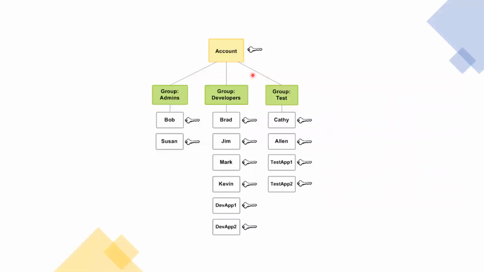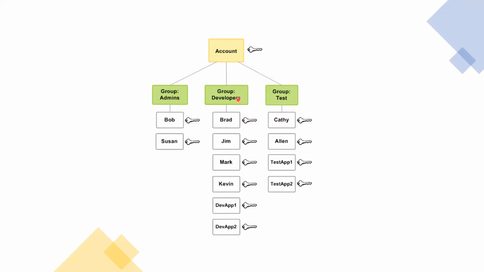So this is the example. Right now we have a main account, and here we have an admin group where Bob and Susan are admins. They have created groups called developers and test, and they have added the users as well as the resources, dev 1 and dev 2. Similarly, the test group contains users as well as resources.